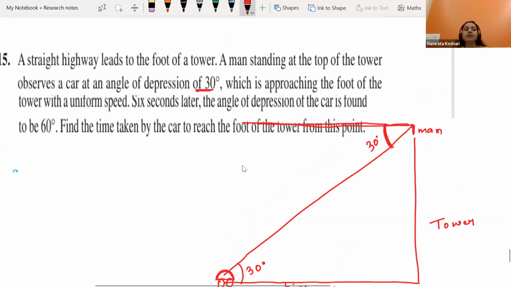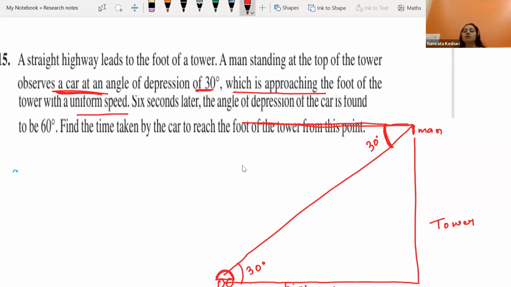Are we on the right track? A straight highway leads to the foot of a tower. A man standing at the top of the tower observes a car at angle of depression 30 degrees, which is approaching. The car is approaching the foot of the tower with uniform speed.